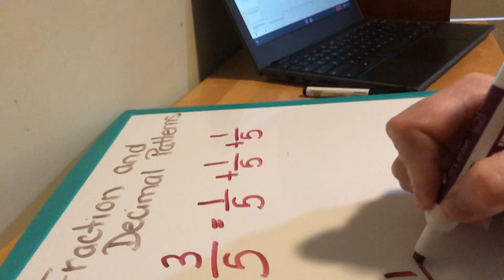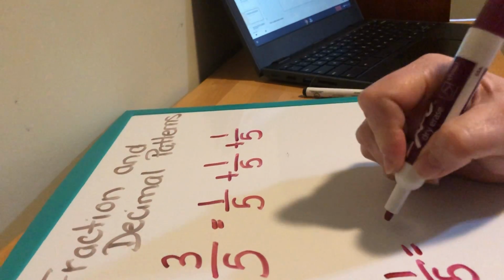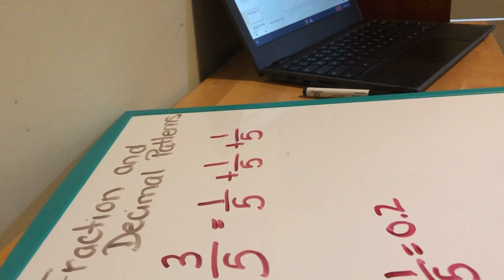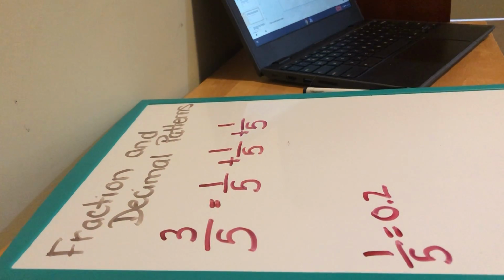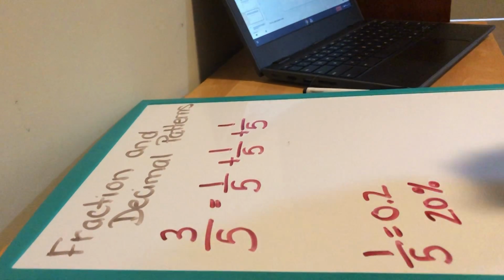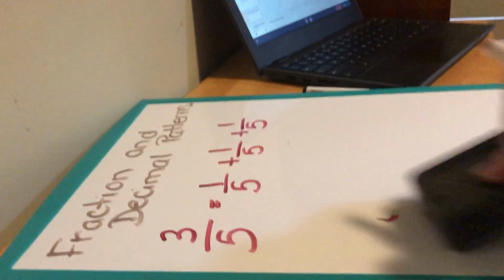So I know that 1/5 equals 0.2. It's just something that you're going to have to really memorize, to know that 1/5 is 0.2 or 20%. The more you see it, the more you'll know about it, right? But for now, we're just going to be content to know that 1/5 is 0.2.